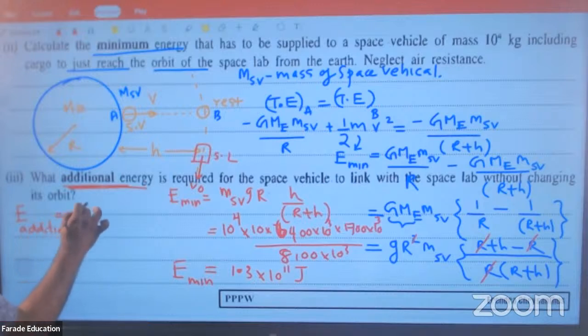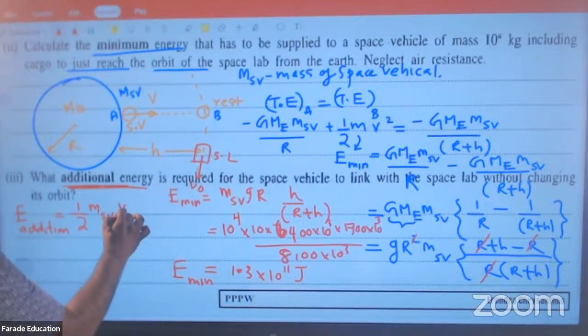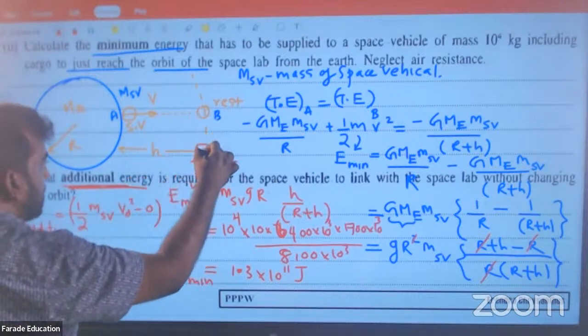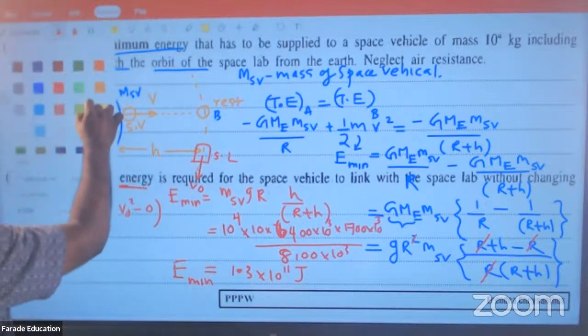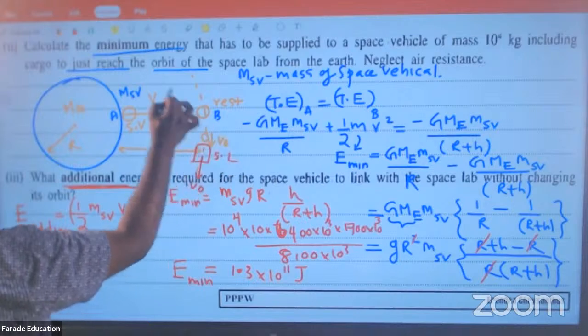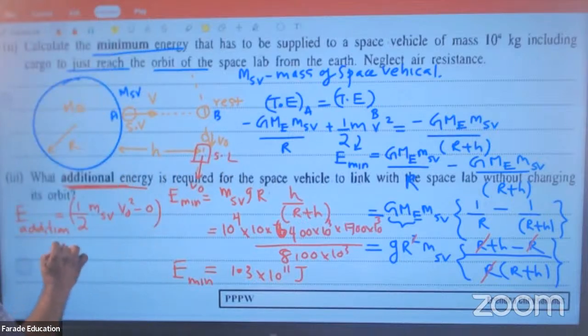Additional energy is the kinetic energy, mass of space vehicle. Increase in kinetic energy, half m V naught squared minus 0. That's the increase, so additional energy. From rest, it has to accelerate to reach this. Now simplify this.